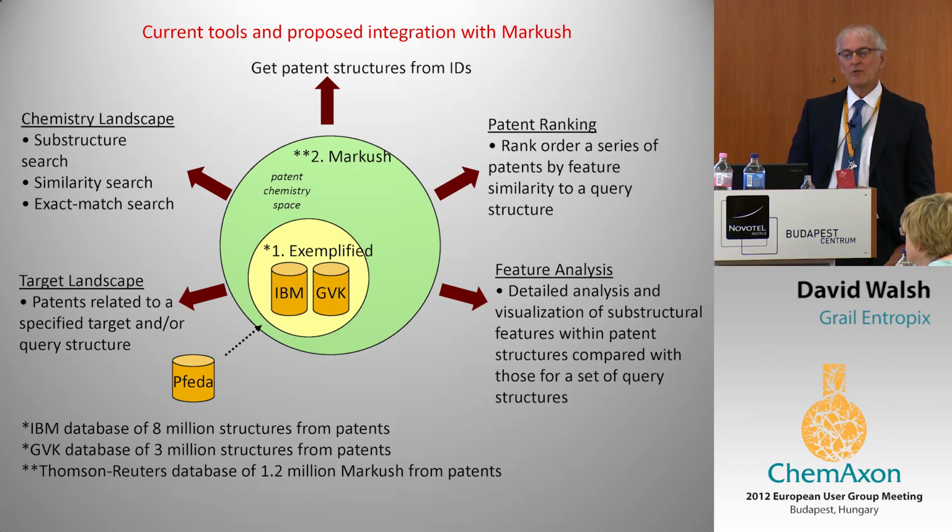So those types of searches, the chemistry search, the target landscape, patent ranking, and feature analysis, which I will describe later, it was a method by which we would like to identify that there is similarity between substructures, but based upon a connectedness nature of the molecules, so that we could make analysis of exemplified but also Markush molecule systems.